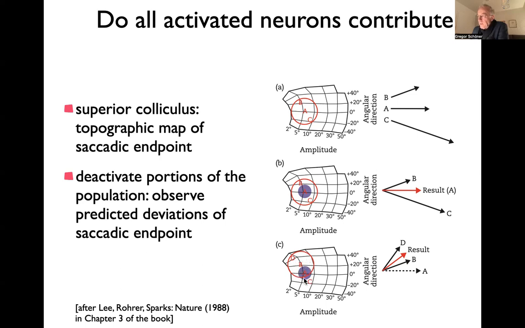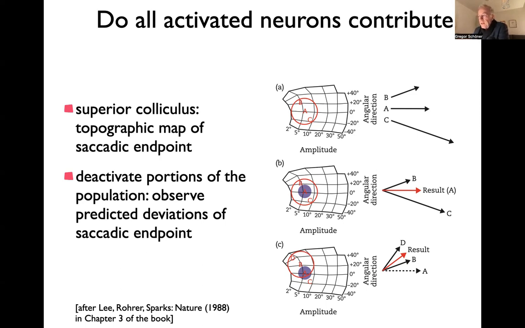But if you cool a part of the activation, that would be still somewhat active under normal movement, then you will find that systematically your saccade is biased away from the saccade to B. So these neurons voted for the saccade to B, and you can see that if they're prevented from voting for it, then the saccade is a little bit off. It's closer to D than it is under regular conditions. So that really shows that all the activated neurons, or a very large part of the activated neurons, not just the most activated ones, contribute to the behavior.